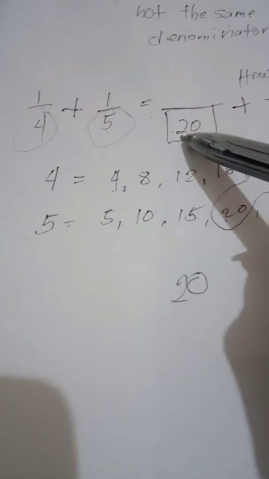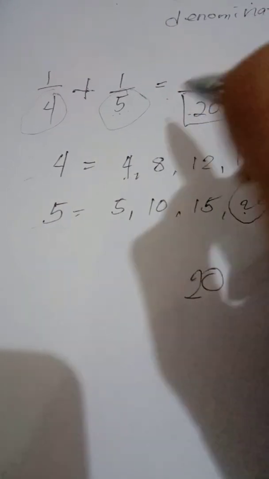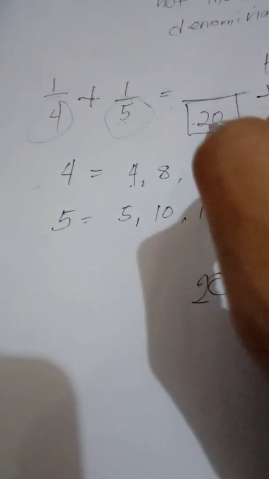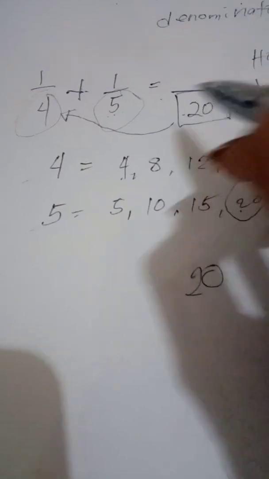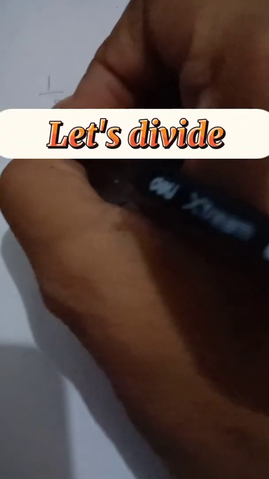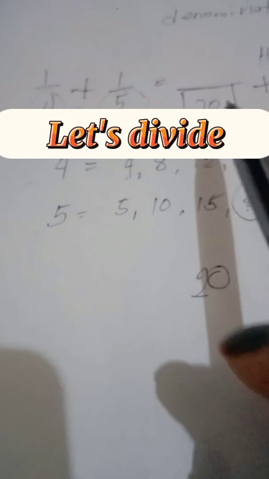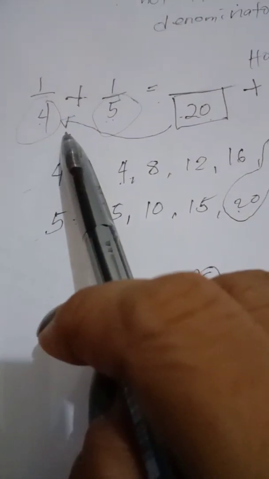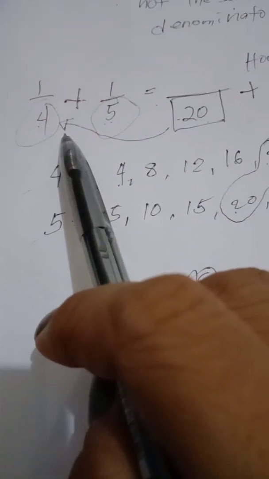So, what's next? After that, you have to divide the first denominator into 20. 20 divided by 4 is 5.